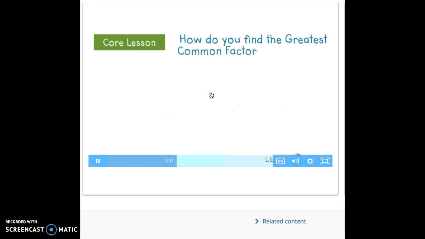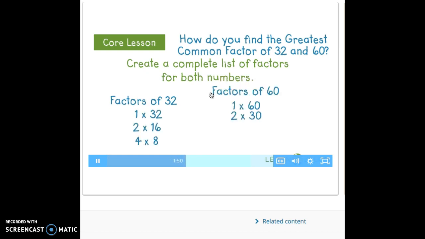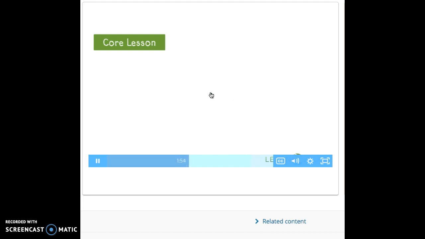Our original question was, how do you find the greatest common factor of 32 and 60? Well, I'm going to create a complete list of factors for both numbers. All right, I have the facts for 32 here and the facts for 60 coming up on your screen right here. So now, when I look at the facts of 32, I want to list them in order from smallest to largest.